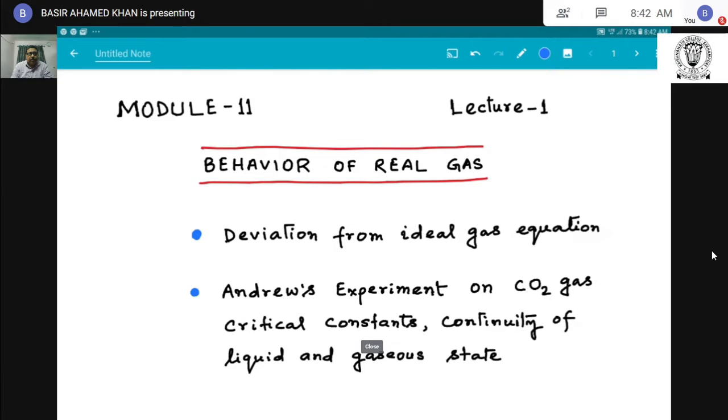In module 11, the name of the topic is behavior of real gas. In that module, I will discuss the topics that are deviation from ideal gas equation, Andrew's experiment on CO2 gas, critical constants, continuity of liquid and gaseous state.